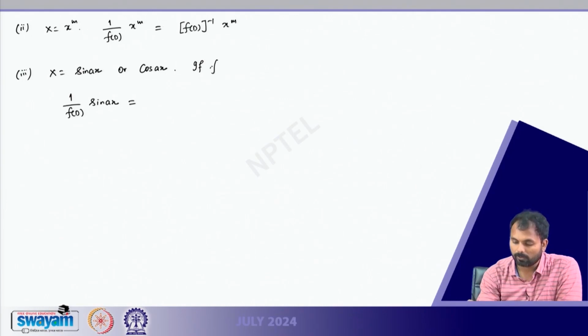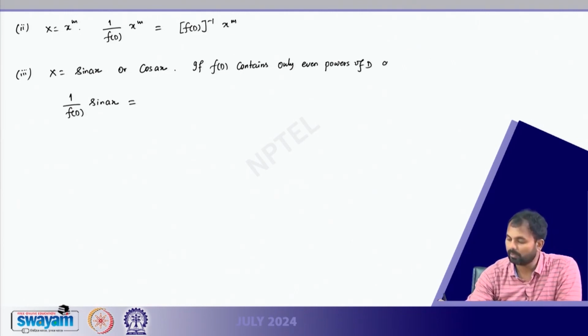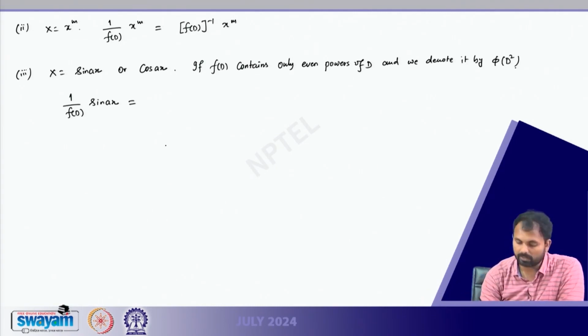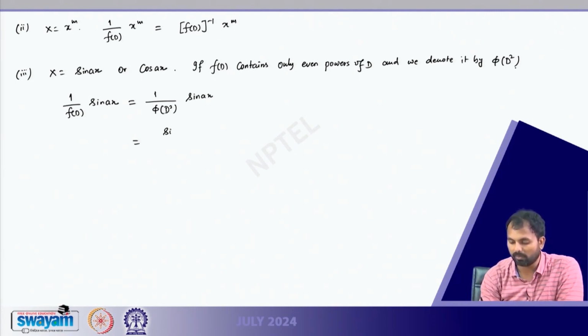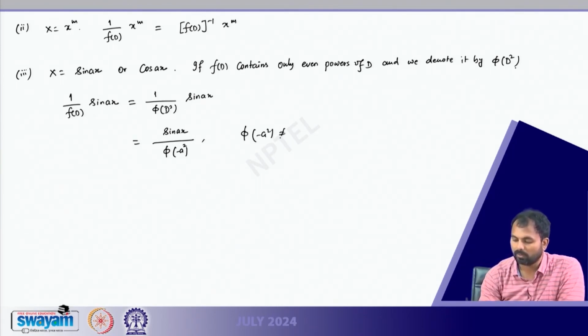If f(D) contains only even powers of D, and we denote it by phi(D square), then 1 by f(D) of sin ax is 1 by phi(D square) of sin ax, and we substitute D square equals minus a square, and that will be the required answer, provided this is not equal to 0. So, this is the required particular integral.